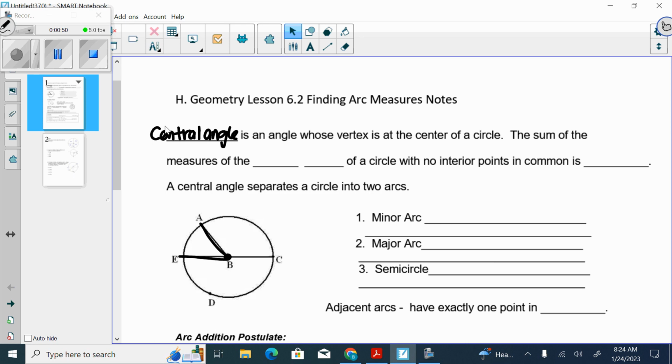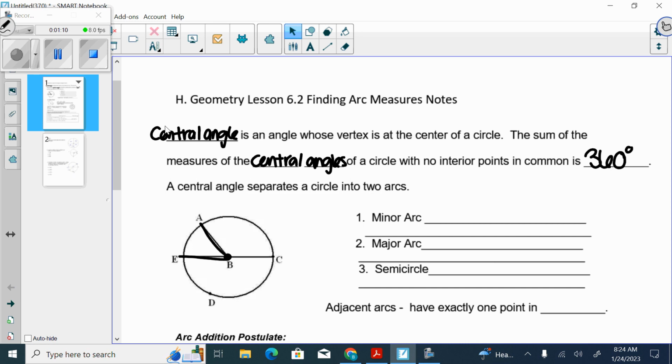The sum of the measures of the central angles of a circle with no interior points in common is 360 degrees, which you guys already knew. You knew a circle was 360, right?